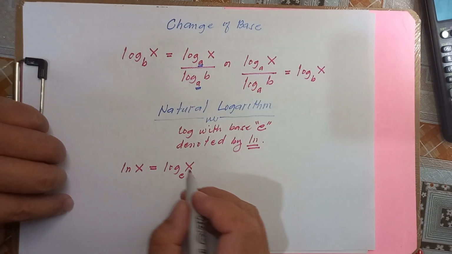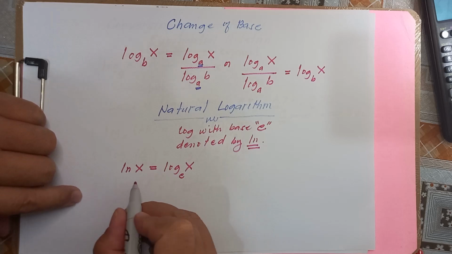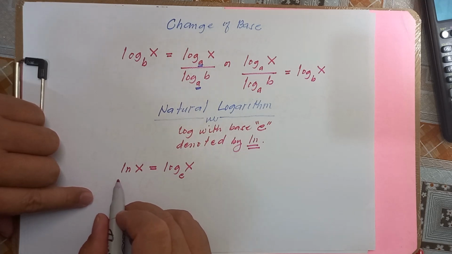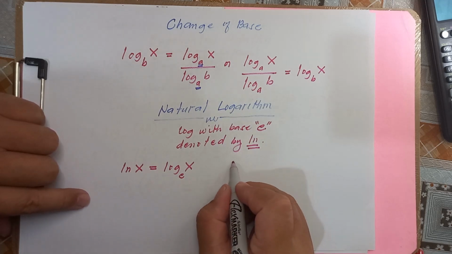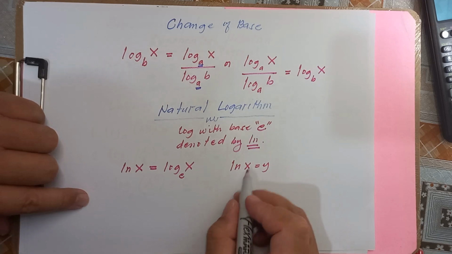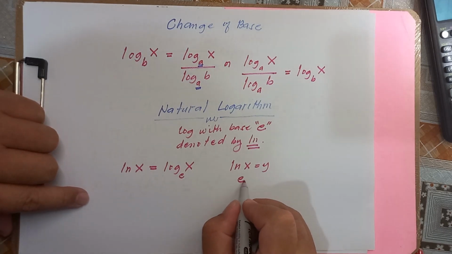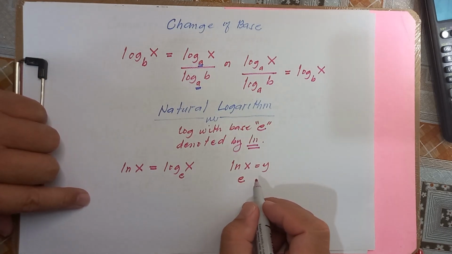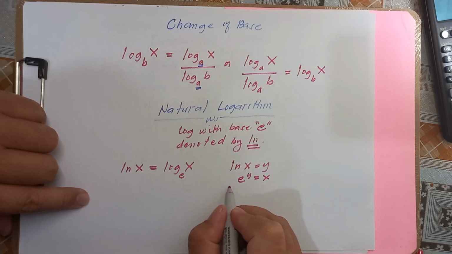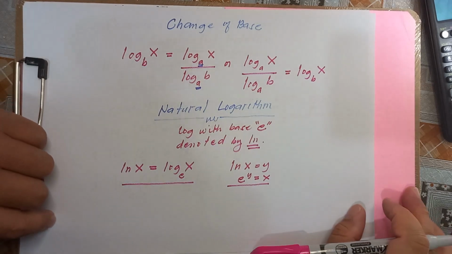Now, if we consider the exponential form of the natural logarithm of x, which is equal to y, this is the same as the base e, and the exponent must be y, which is equal to x. So that is the conversion.